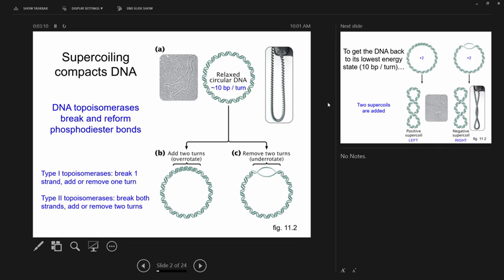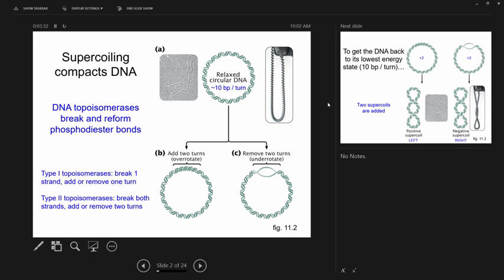If you have a circular piece of DNA that is linked at both ends, DNA wants to be about 10.5 bases for every 360-degree turn, right? And I showed you that in the DNA molecule. So B-DNA is about 10.5 bases per turn around the helix.